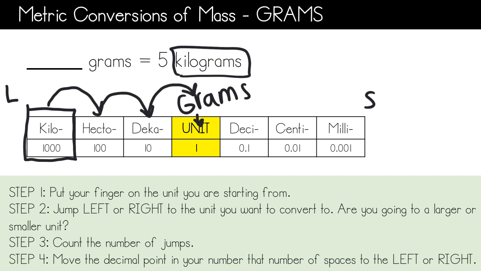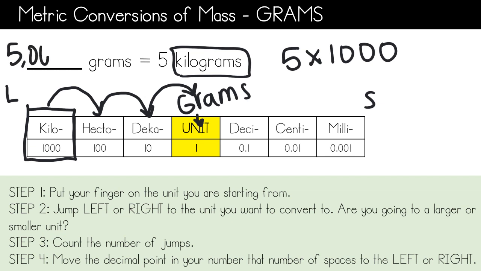So 10, 100, 1,000. So going from large to small, we are going to take 5 times 1,000, and that equals 5,000. Think about it. If grams are smaller than kilograms, isn't your number of grams going to be larger?